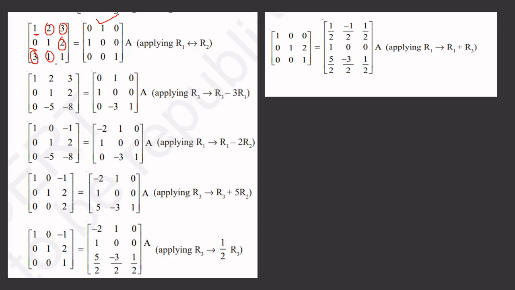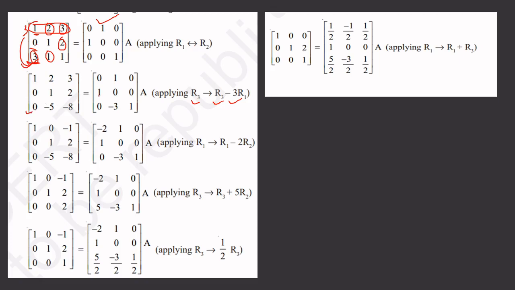Now we have to change the third row in such a way that we get a 0 in place of 3. So we change the third row by subtracting 3 times the first row, and then we get the 0 here. Similarly, row 3 changes to row 3 minus 3 times row 1, so we can get 0 here.